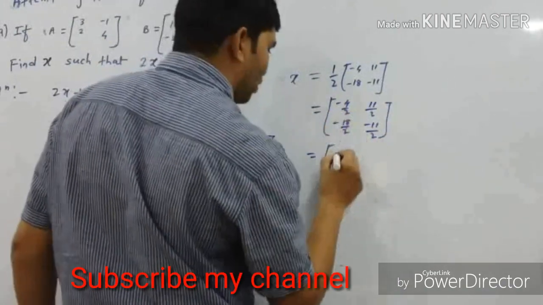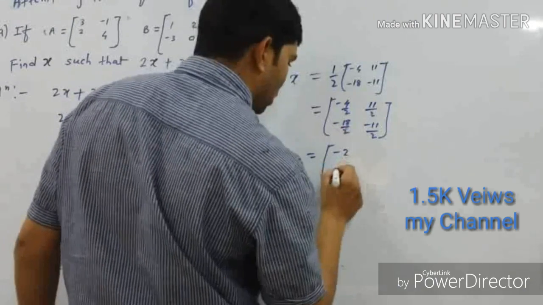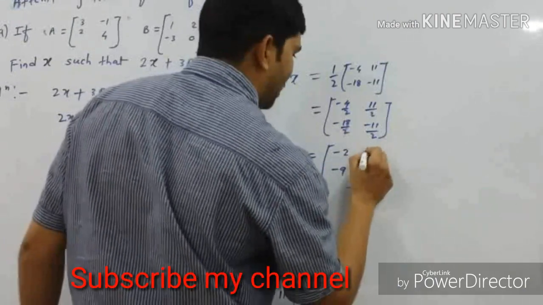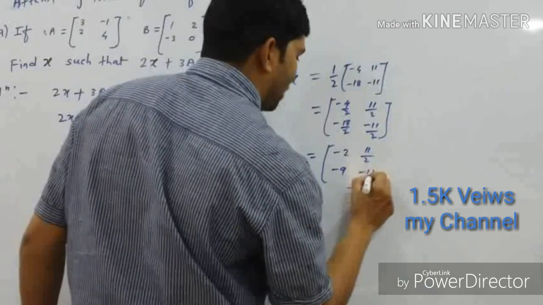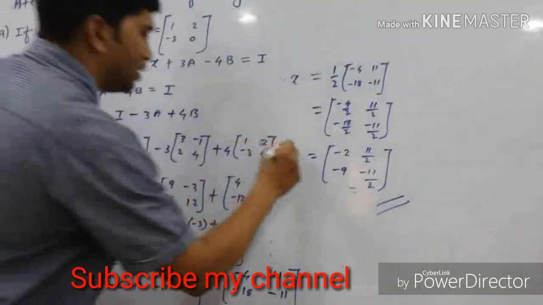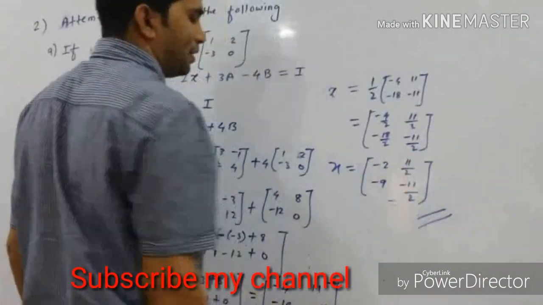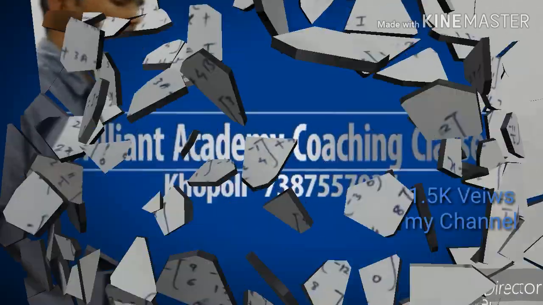So finally we get 2 2s are 4, that is minus 2 here, 2 9s are 18, minus 9, 11 by 2 and minus 11 by 2 is the final answer. So x is equal to minus 2 minus 9, 11 by 2 minus 11 by 2 is our final answer.